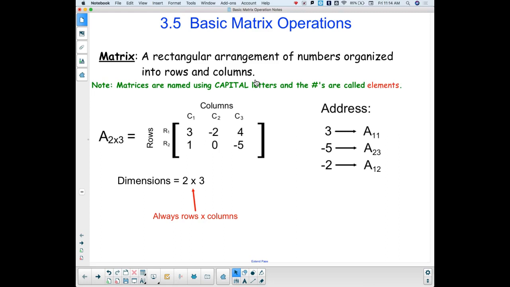The 3 basic operations are adding, subtracting, and scalar multiplication. We'll deal with those today. The two more involved, advanced operations are matrix multiplication, where we multiply a matrix by another matrix, and inverses. We'll get to those on Wednesday of next week.